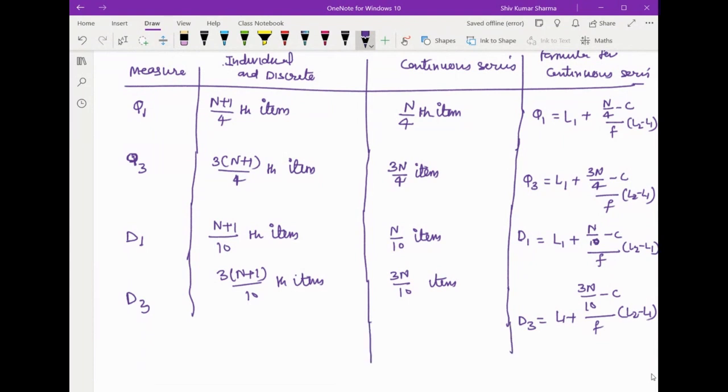Similarly, you can write for D5, D7, D9. You multiply by 9 when you calculate D9.